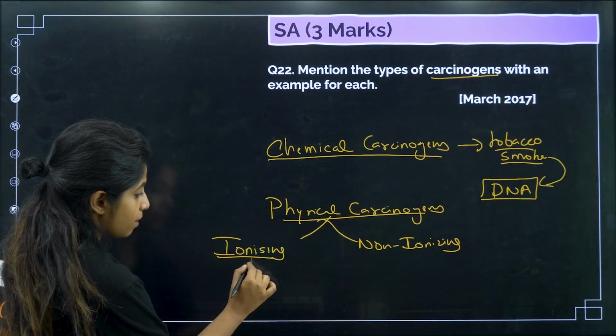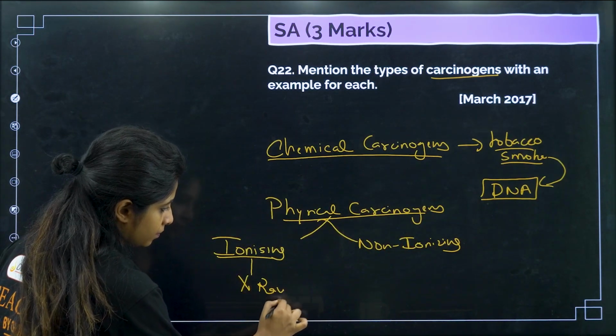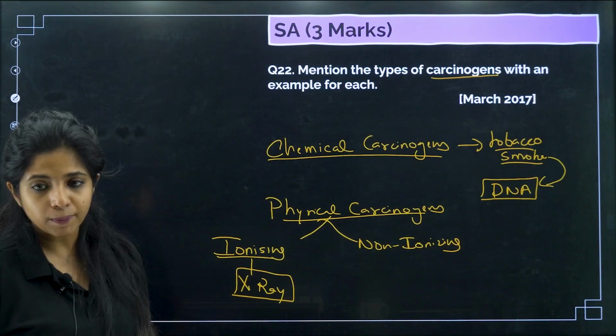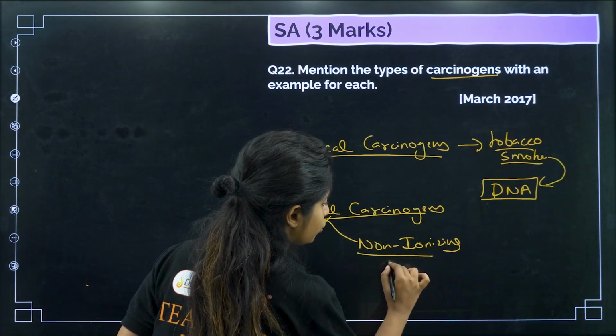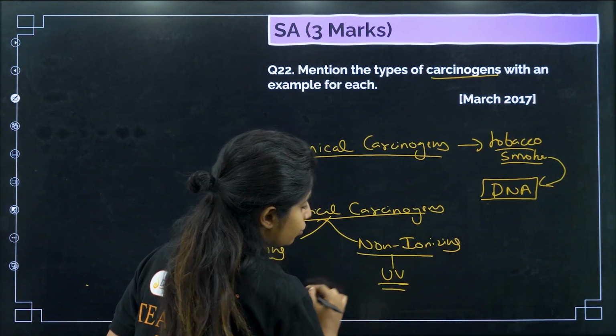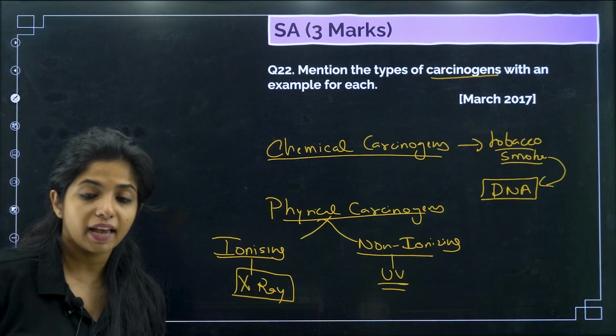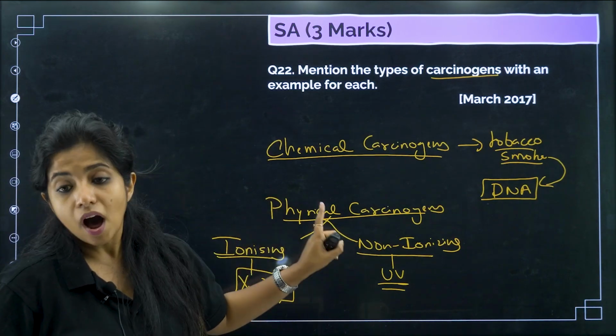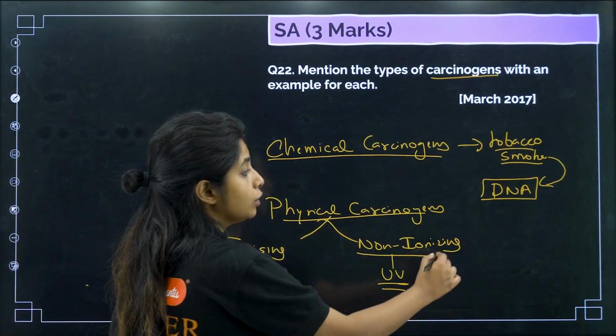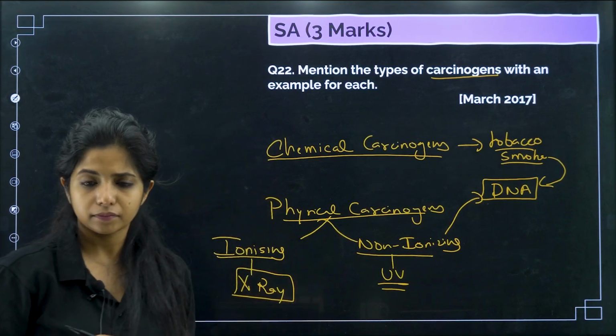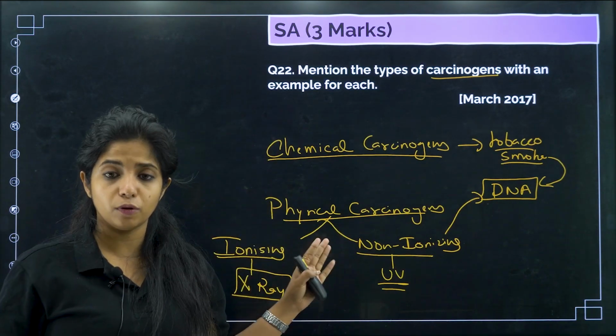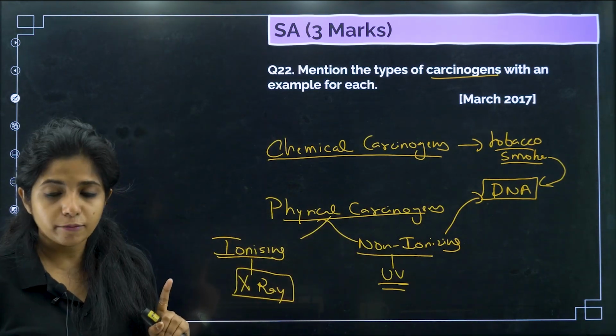In this comes your X-ray and things like that. In non-ionizing radiation comes your UV radiations. Both of them are going to bring out damage in the DNA if exposed for a longer time.